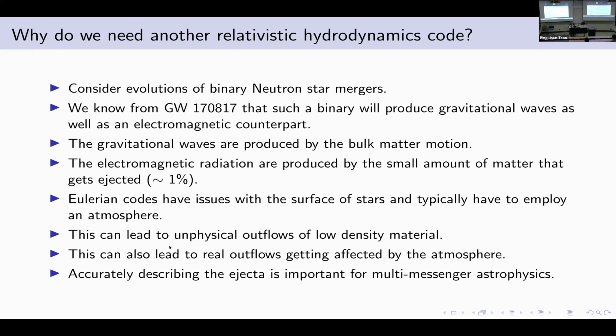And this can lead to unphysical outflows of low density material. It can also, in principle, mean that any real outflow you have, after interacting with the atmosphere, gets affected by it, and it might be more difficult to understand what the physics is.